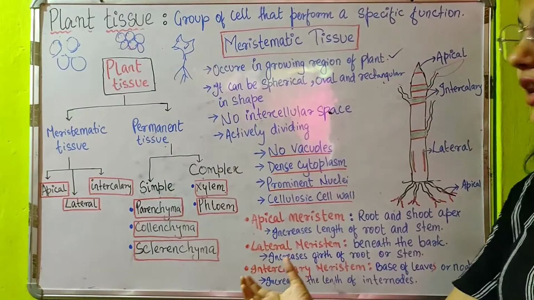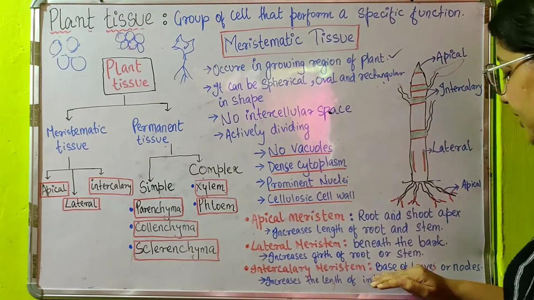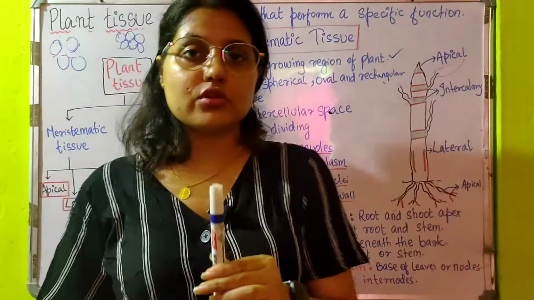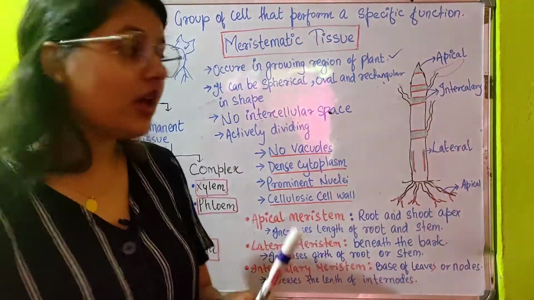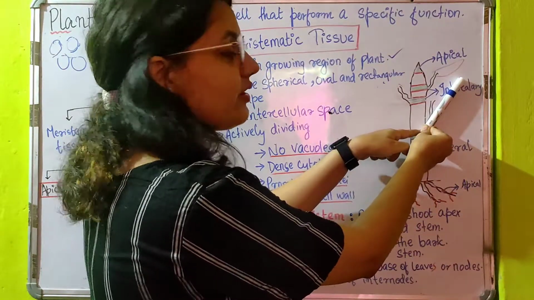All right, now coming to the intercalary meristem, students, you see they are present at the base of leaves and nodes. Now what are nodes, and what is the base of a leaf? If this is a plant, the place from where the branching happens, at this point there is a node.